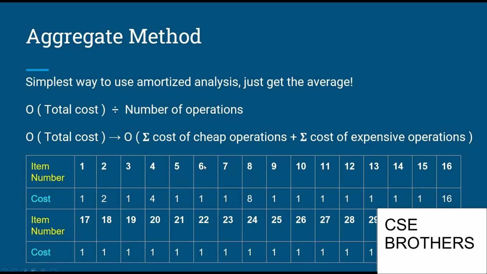For example, when we have to insert 6 or when we have to insert 12 and many others. While the expensive operation is when we have to double the size of the array, that is, while inserting 2, 4, 8 and so on. So this table shows the cost and the item number while inserting for each of them.